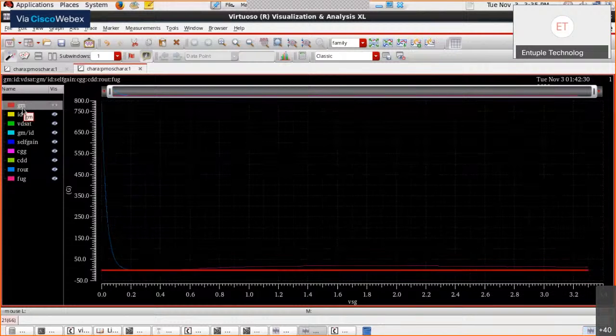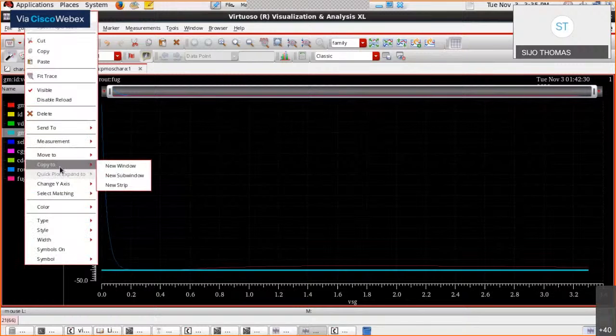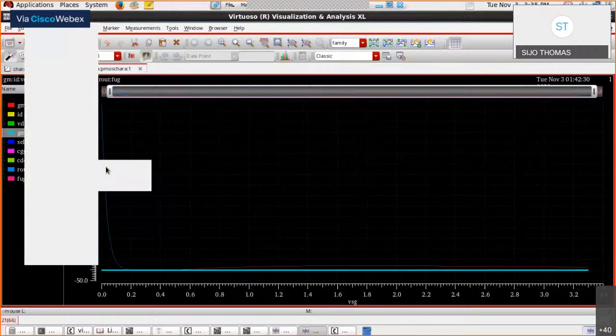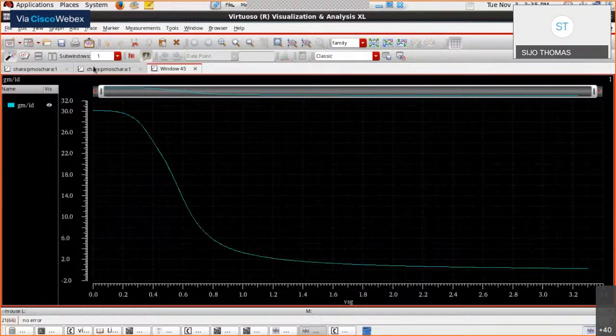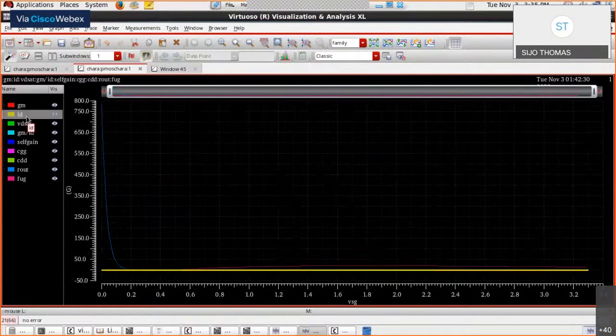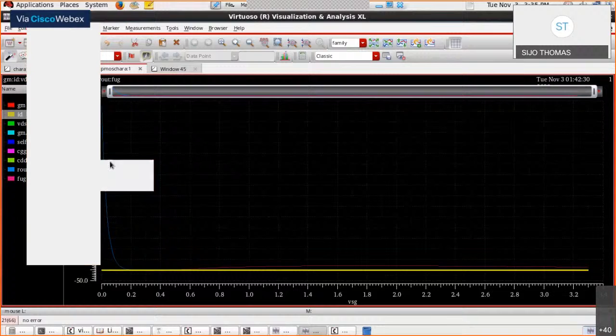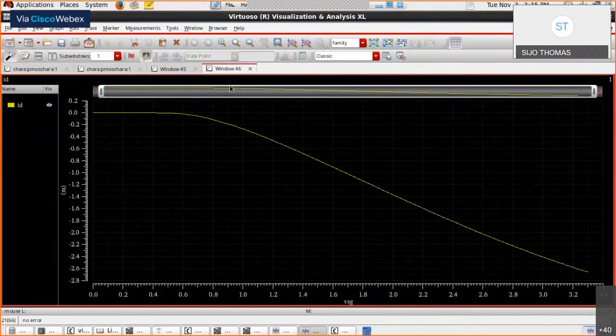From this one we can plot current density. We need to plot first. Yeah, we'll go to the ID, we'll send it to a new window, the same exercise we did.